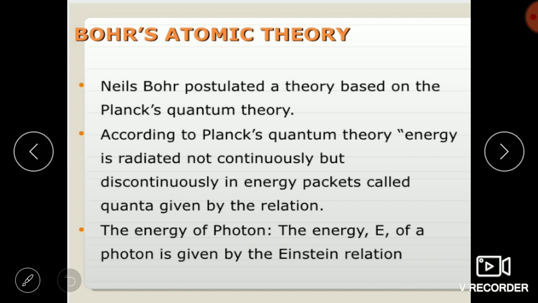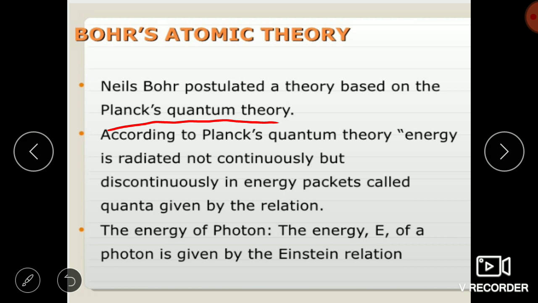Okay, so before starting, let's see what the Bohr's atomic theory is based on. Niels Bohr made his model based on Planck's quantum theory. So, Bohr's atomic theory is based on Planck's quantum theory. Now, what is that Planck's quantum theory?